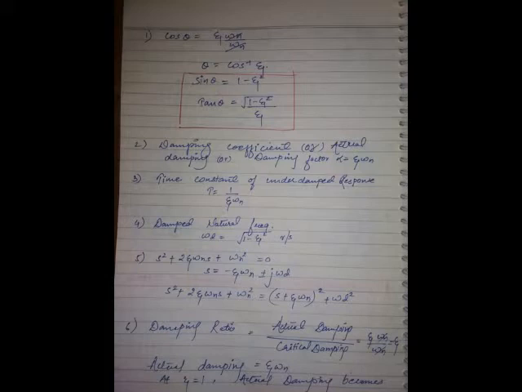Case 2. That is why most of the control systems, higher order systems, are designed for values of zeta less than 1, because the response can be analyzed using more number of performance specifications.